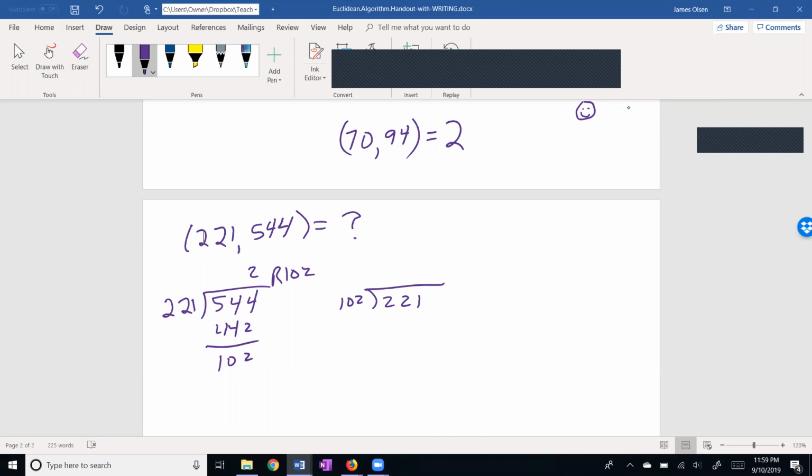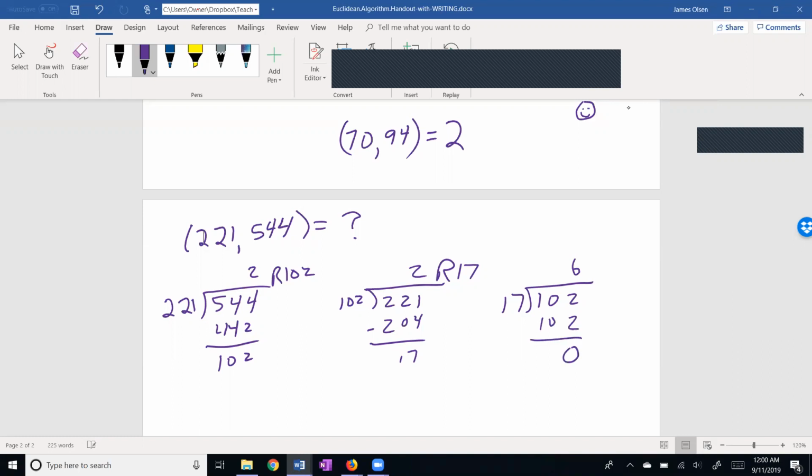This goes in twice. 2 times 102 is 204, giving a remainder of 17. 17 is my new divisor. 102 on the inside, and 17 into 102 goes 6 times. 6 times 7 is 42, carry the 4, is 10.